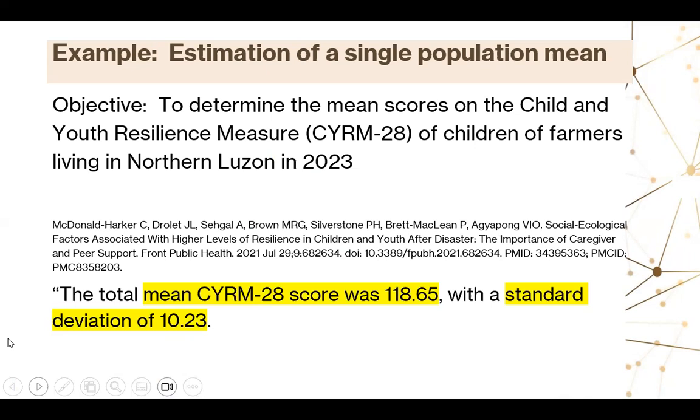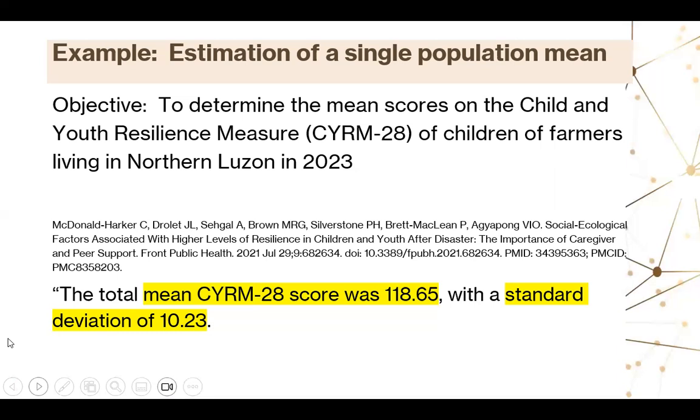So it's possible that I may not find a study done in the Philippines a few years ago. It's possible that this is the first time someone's looking at it. So I could try to look for studies, let's say, in Asia, where the weather or the climate is similar. I could also look for other studies with slightly different contexts, but using the same measure, for example, the CYRM.